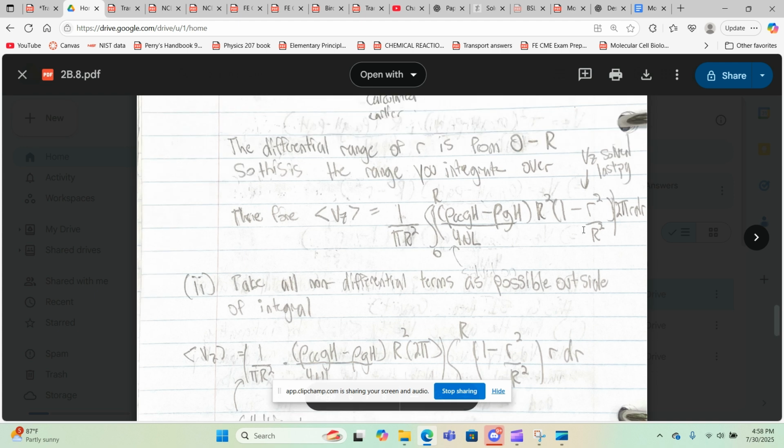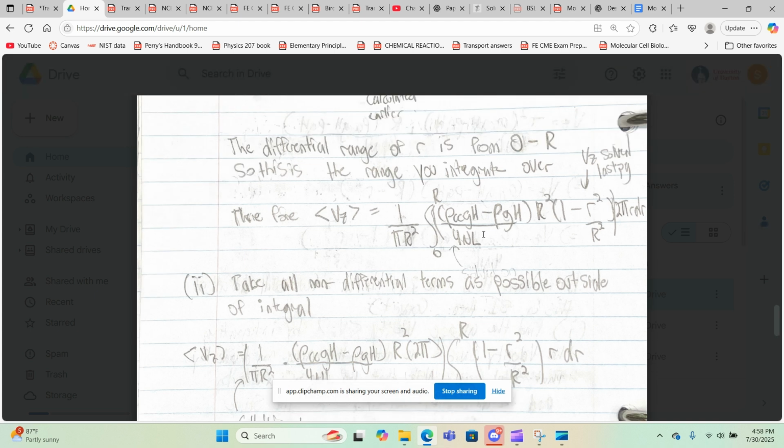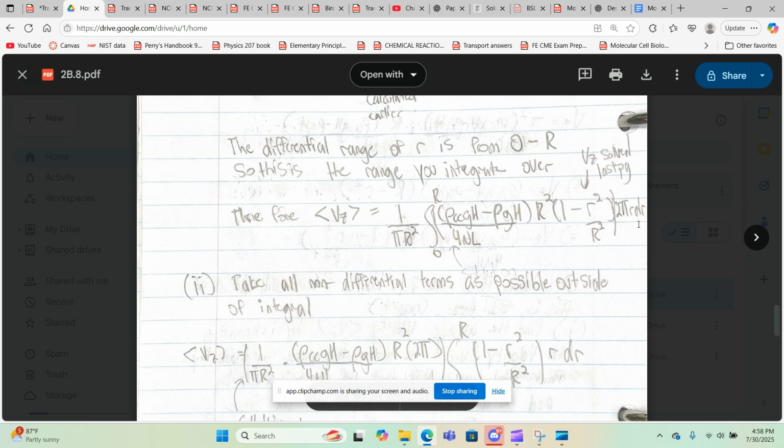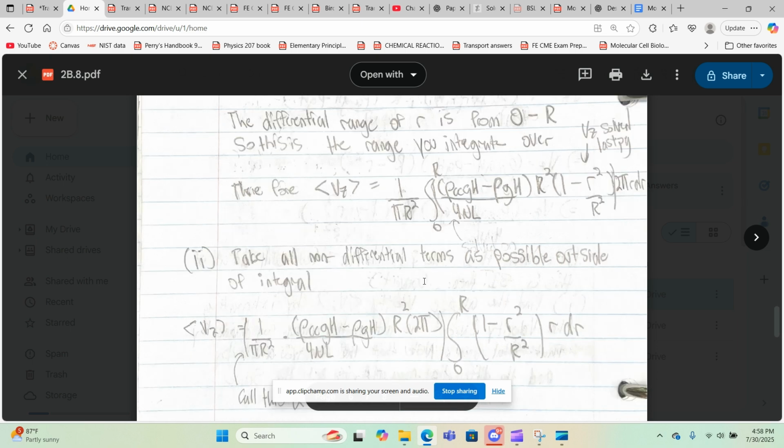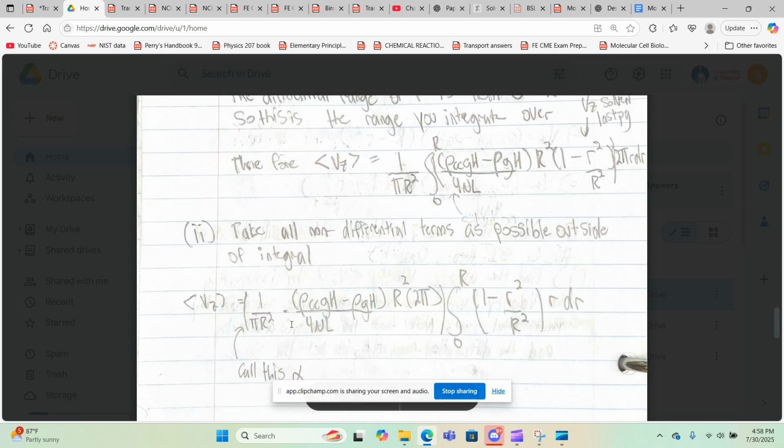So first we take out any terms that are not directly related to little r, and that's all of this and 2 pi. That's anything you can divide or take out of the parentheses by division or multiplication.